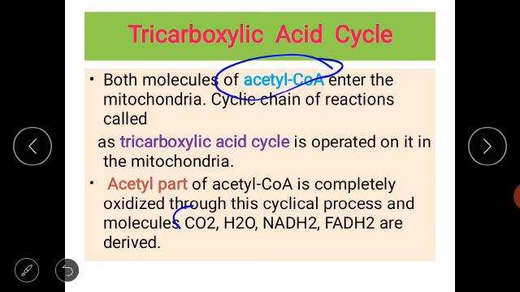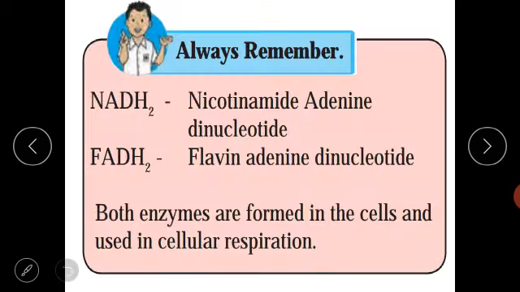CO2 and H2O are the end products, and NADH2 and FADH2 are energy rich molecules. Always remember, NADH2 and FADH2, nicotinamide adenine dinucleotide and flavin adenine dinucleotide, are the energy molecules produced in the metabolic pathway.